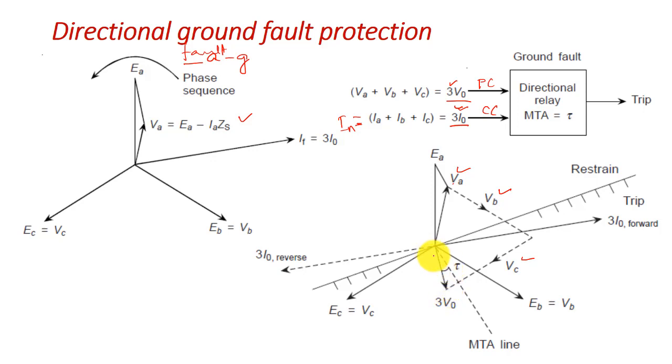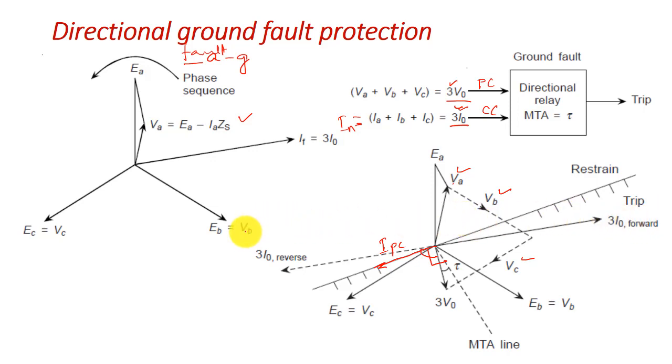And with respect to 3V0, the current in the pressure coil will lag 3V0 by around 90 degrees, not exactly 90 degrees. Therefore, your MTA line will be making an angle of 90 degrees to the pressure coil current.